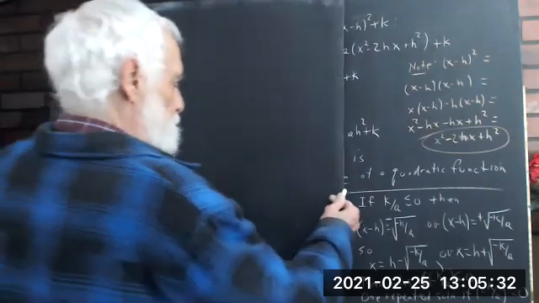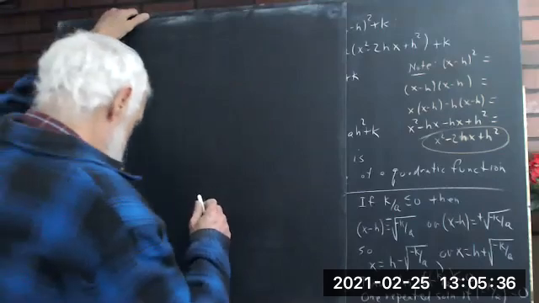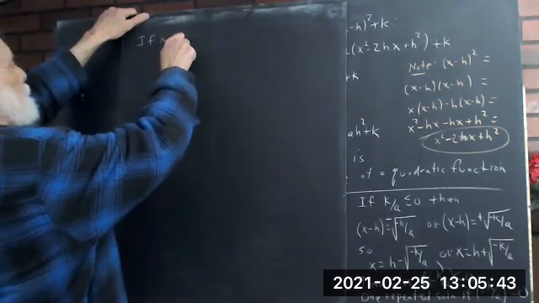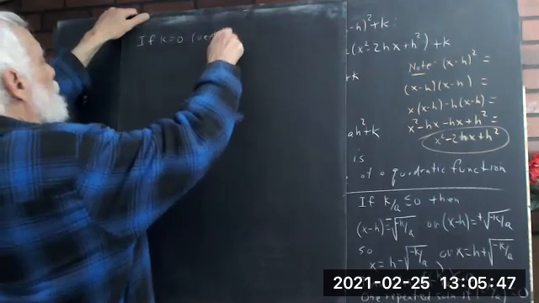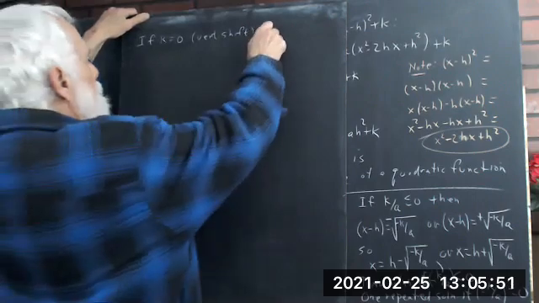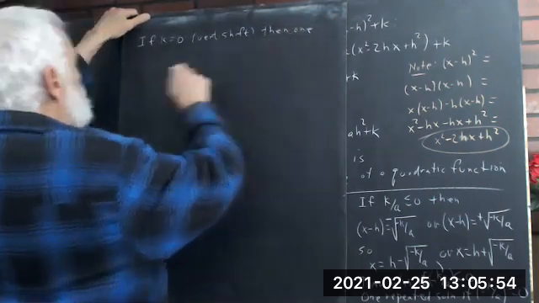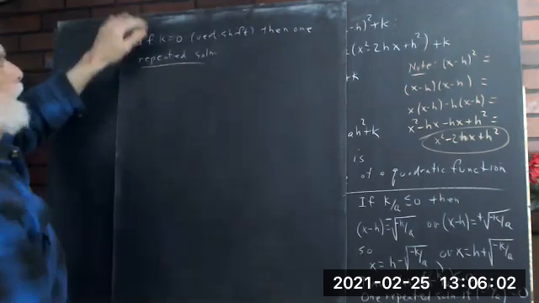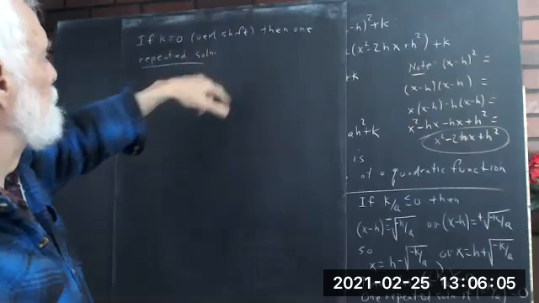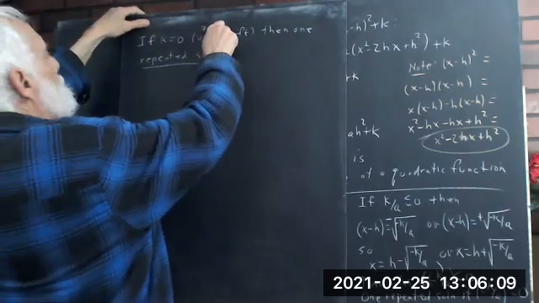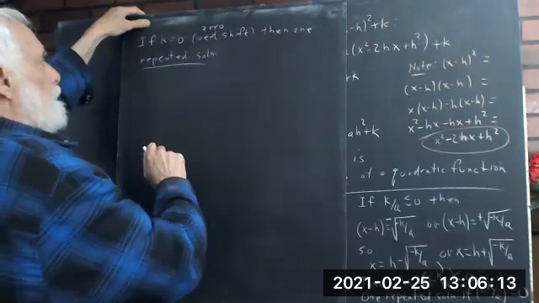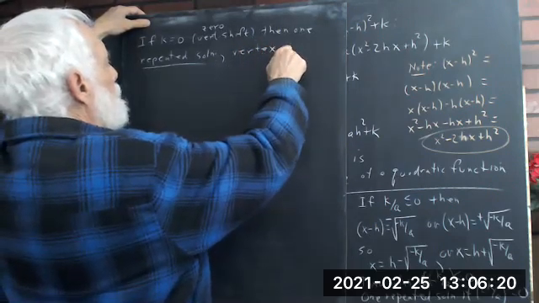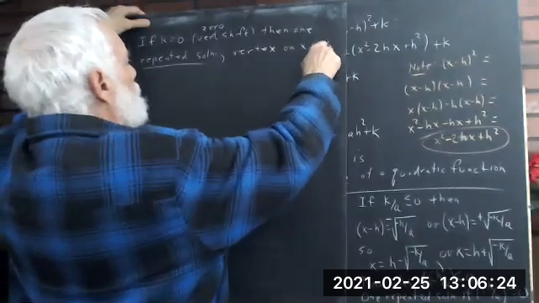So I can say if k equals 0, meaning we have a vertical shift of 0, then we have just one repeated solution.